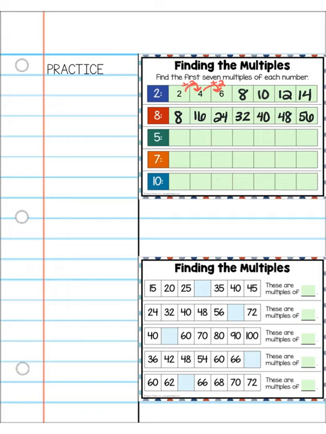So this is also just kind of like skip counting. So to find the multiples of 5, I'll start with 5. Add 5 gives me 10, 15, 20, 25, 30, 35.